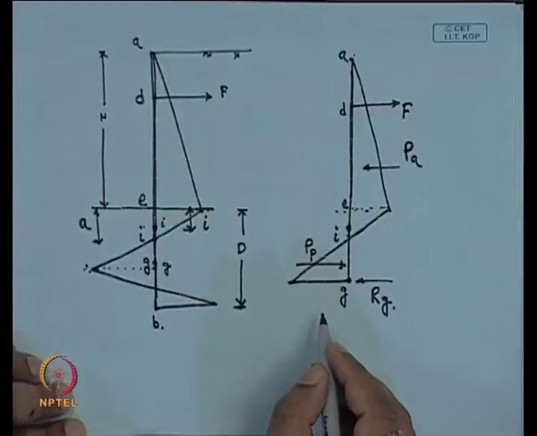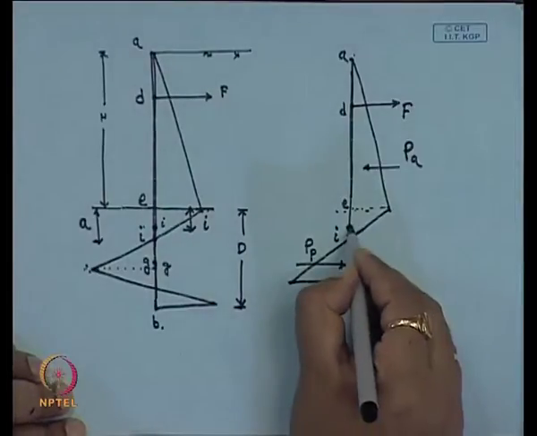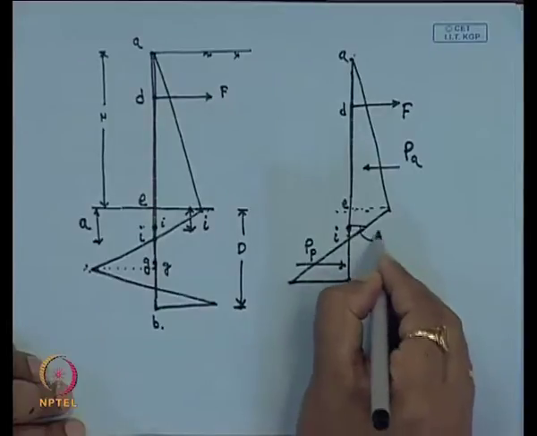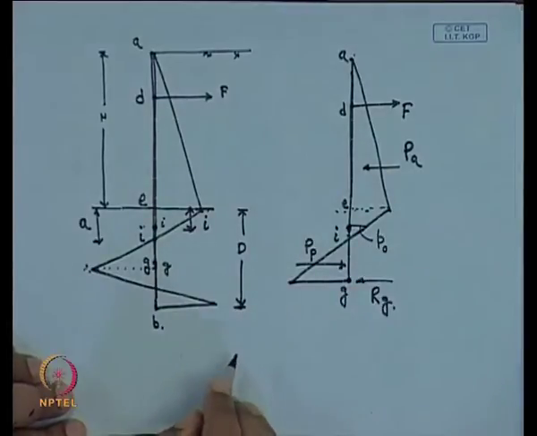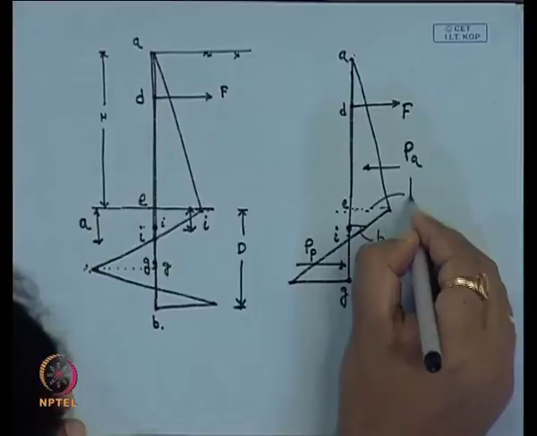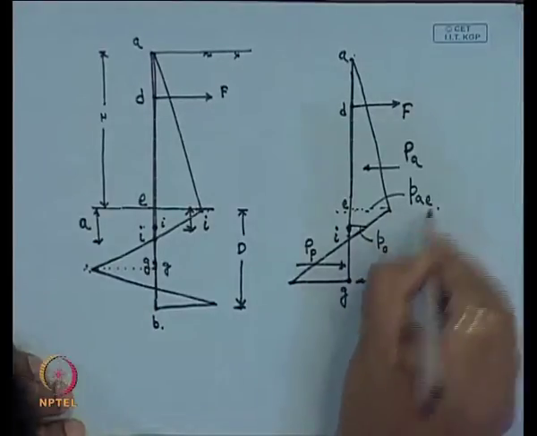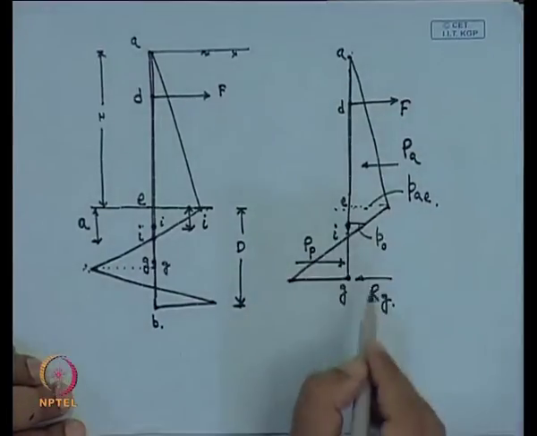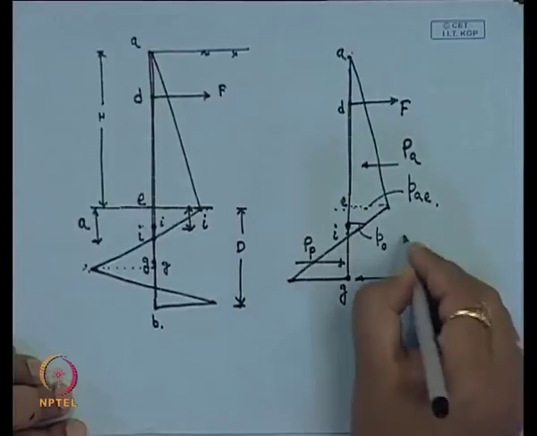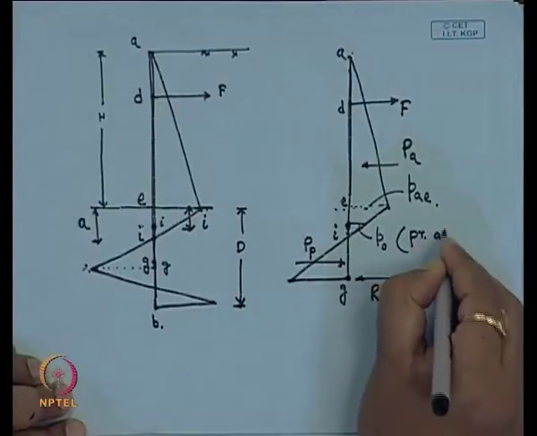Suppose at the I point this force is P 0. This pressure is P A E, the pressure at E level, and P 0 is the pressure at I level.